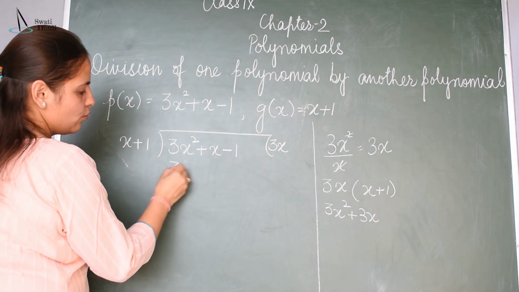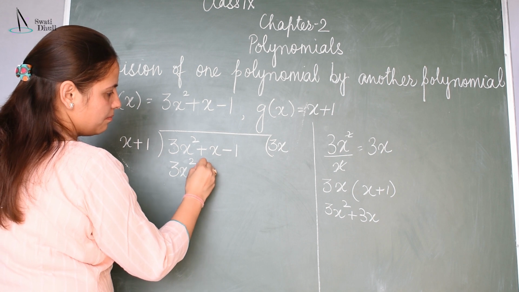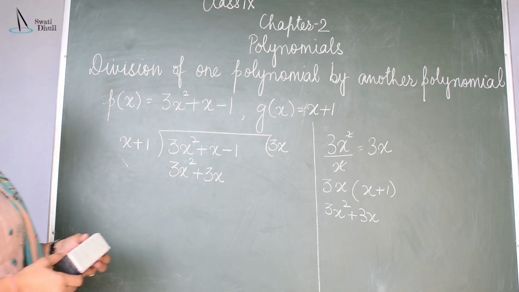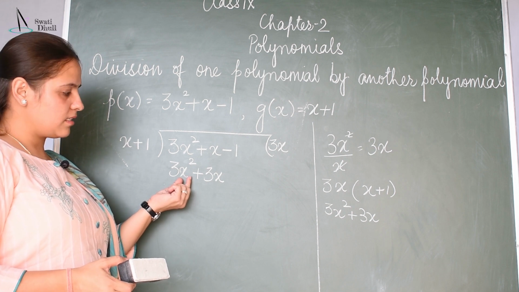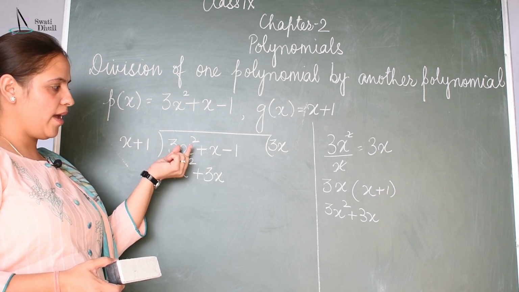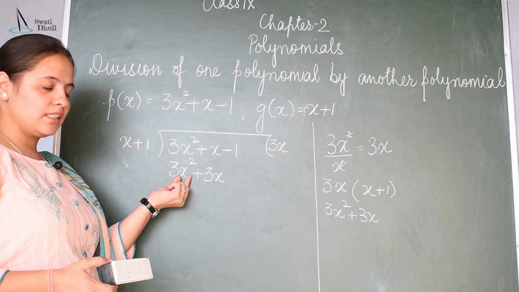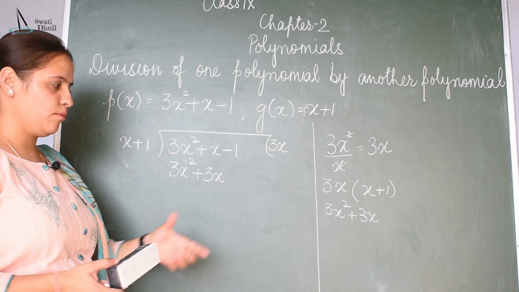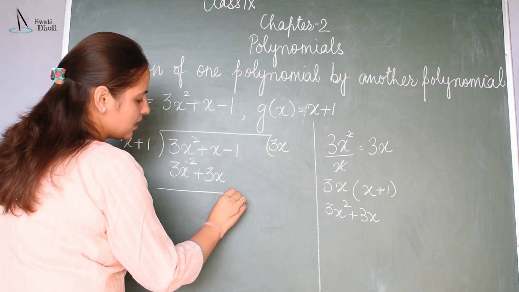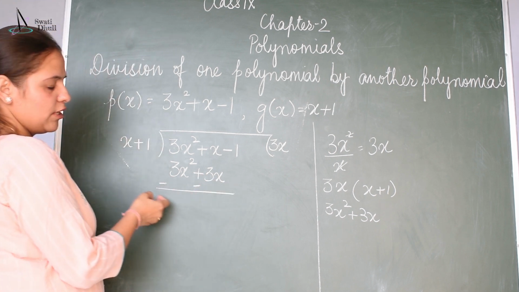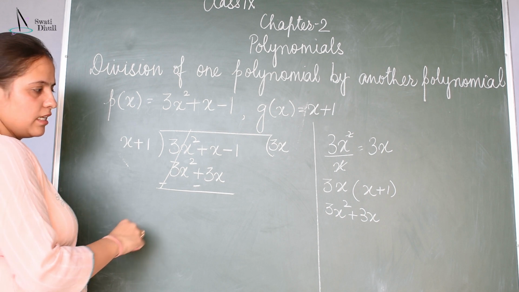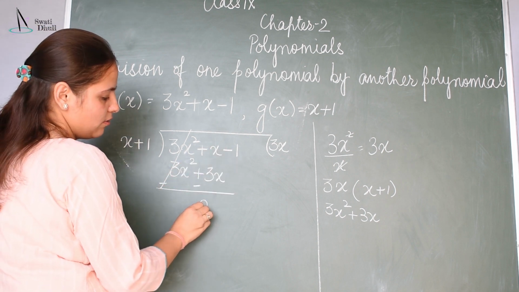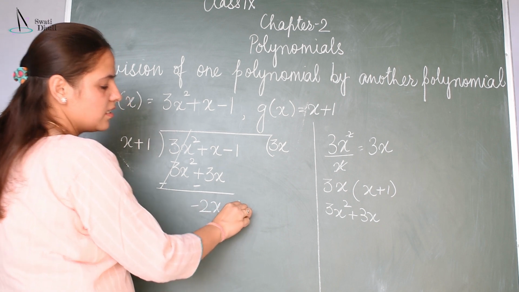Now you have to write the term containing x square at the bottom of the term containing x square, and the term containing x at the bottom of it. Now you will subtract, minus minus. When you subtract, this will be cancelled out. What you will get here? Plus x minus 3x. So it will be minus 2x minus 1.